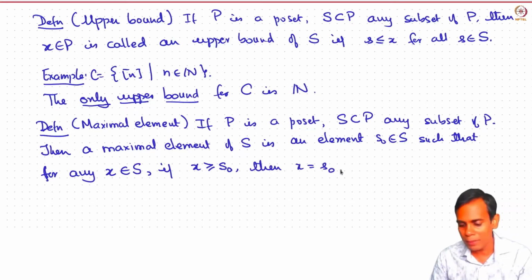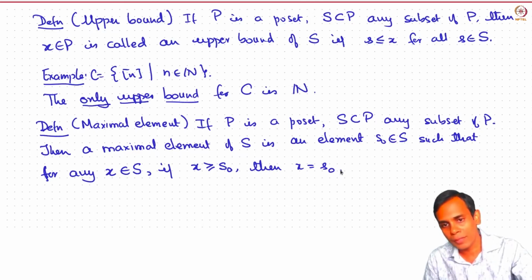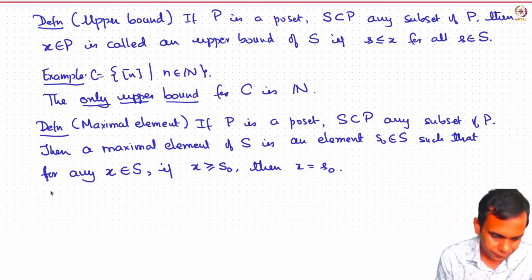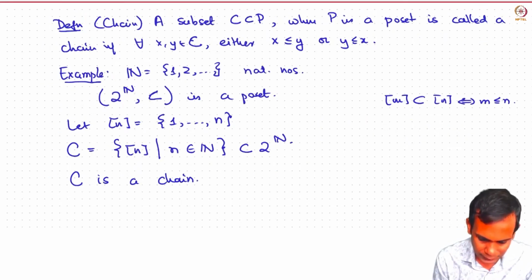So there is no element of capital S other than s0 which is greater than or equal to s0. So that's the definition of a maximal element.